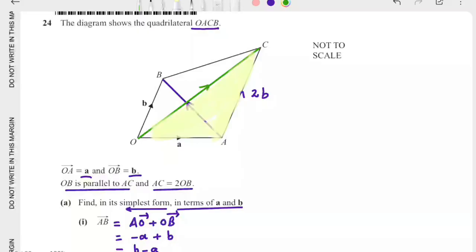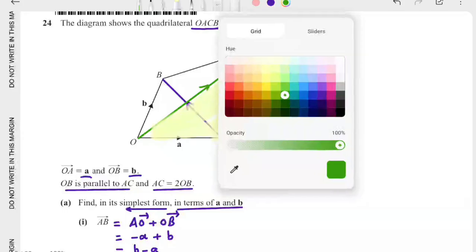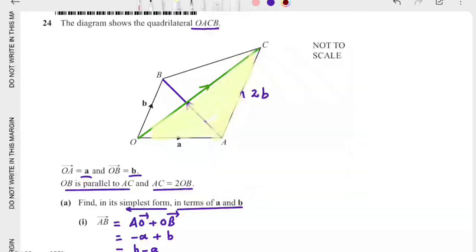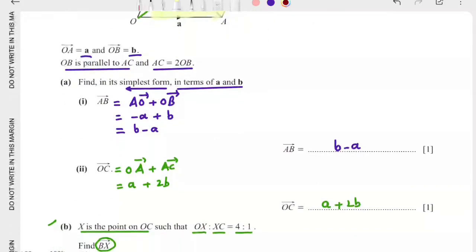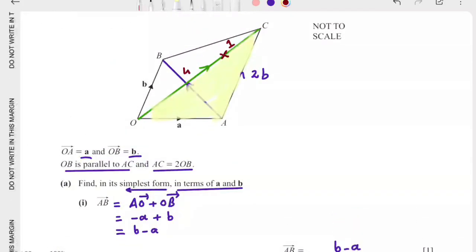Let us suppose X is over here, and OX to XC has ratio 4:1. So what is the value of BX? We have to find BX, and this is your X point here that is marked.